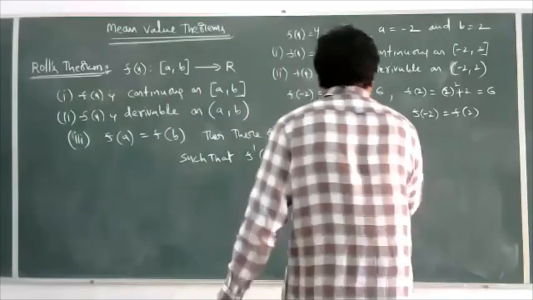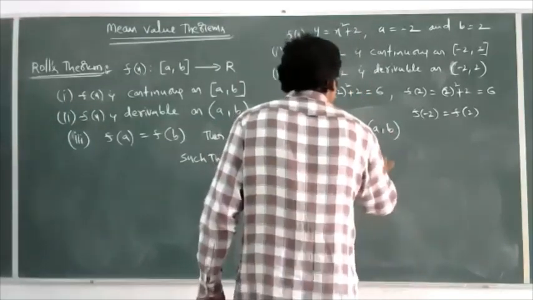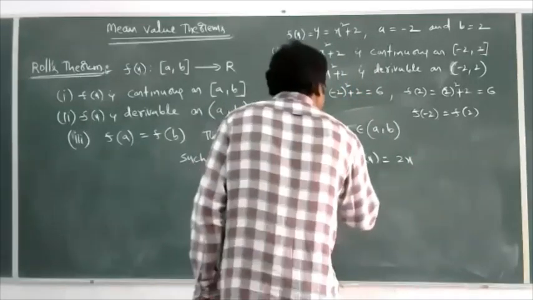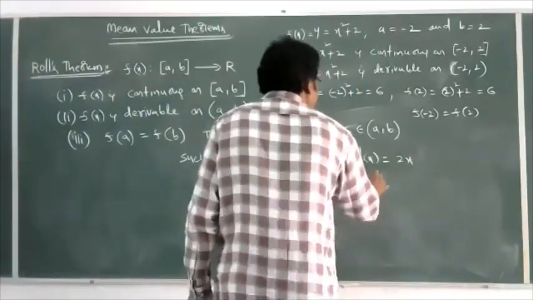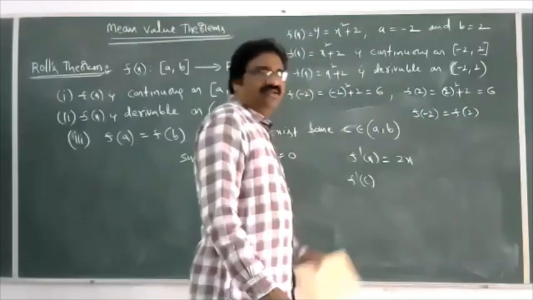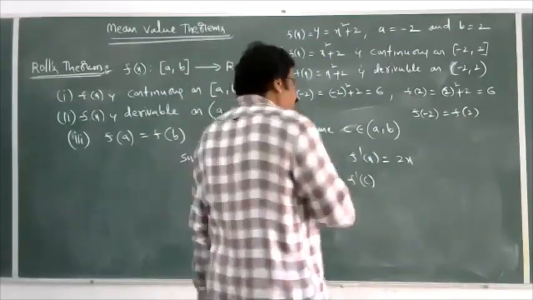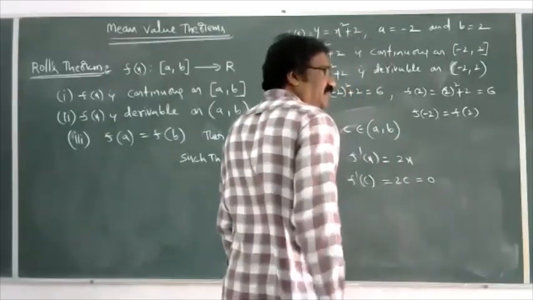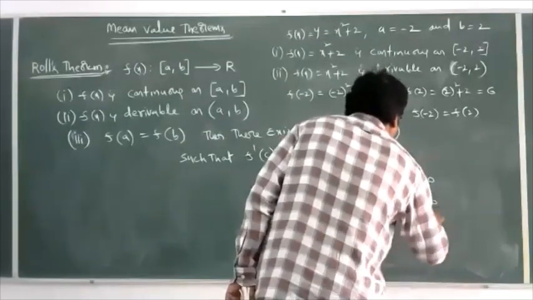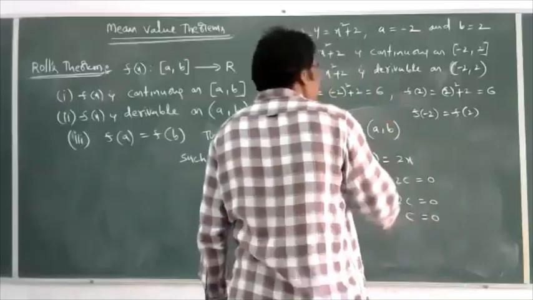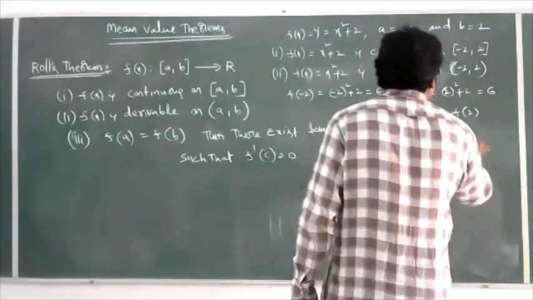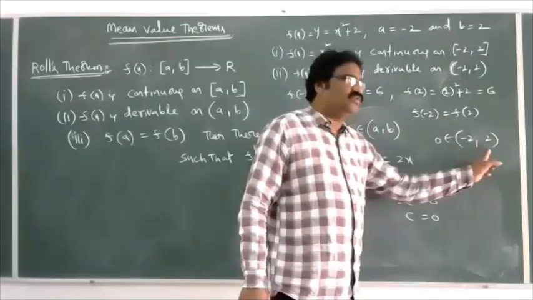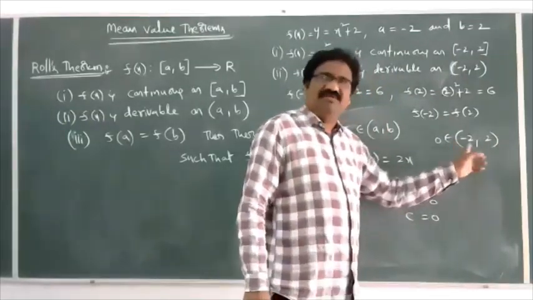So we want to verify that f dash x. Here f dash x is equal to 2x. That is f dash c. There exists some c belongs to open minus 2 comma 2. We want to verify that f dash c, that is 2c, is equal to 0. 2c is equal to 0 means c is equal to 0. c is equal to 0 means 0 belongs to open minus 2 comma 2. In between minus 2 comma 2, we have 0 lies between them.